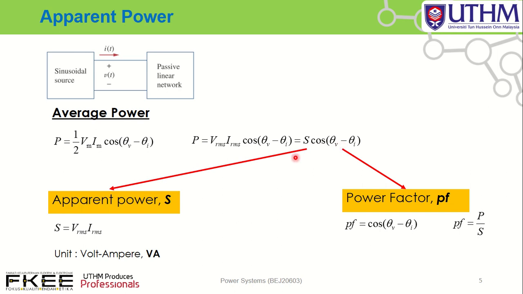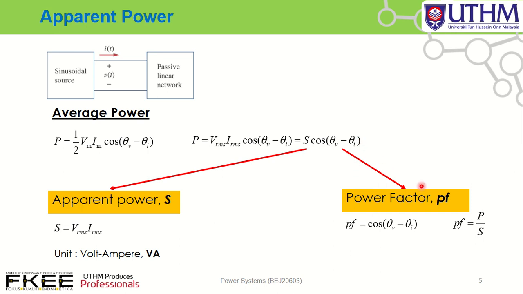This S is the apparent power. The magnitude of S equals Vrms times Irms, which is measured in volt ampere, VA. What is the meaning of cos(theta V minus theta I)? It is the cosine of the difference between the angle of voltage and the angle of current.